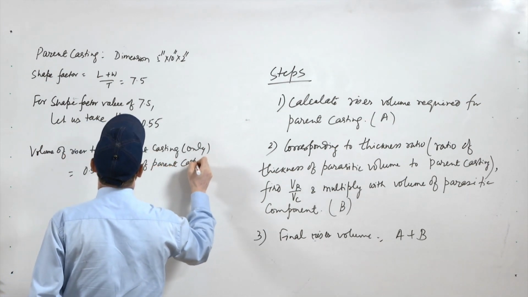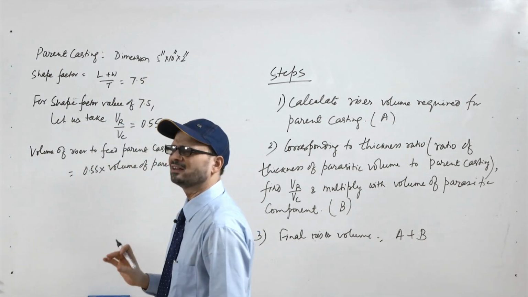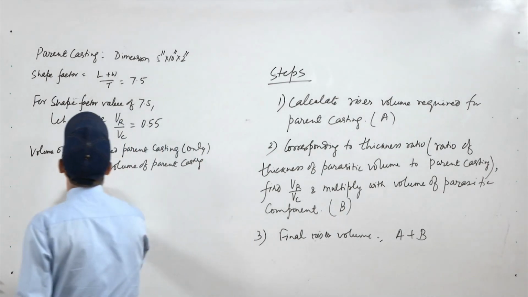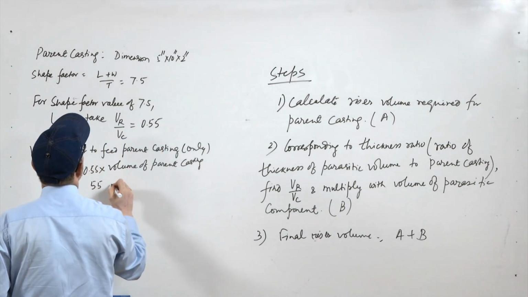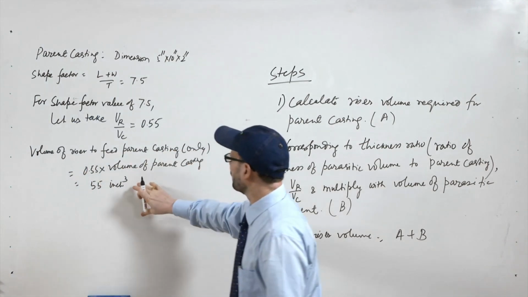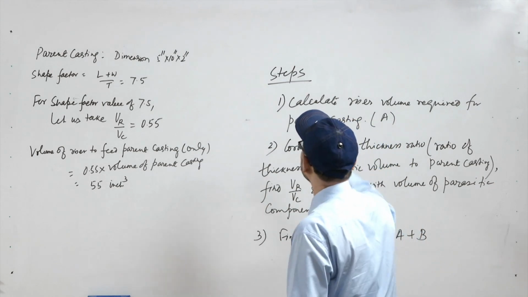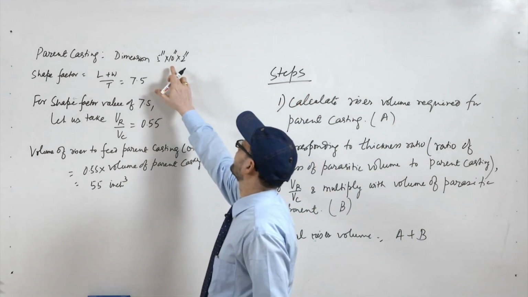The volume of the parent casting is 5 into 10 into 2, so it is 100 cubic inches. So, it will be 55 cubic inches. This is the volume which is required for feeding the parent casting.